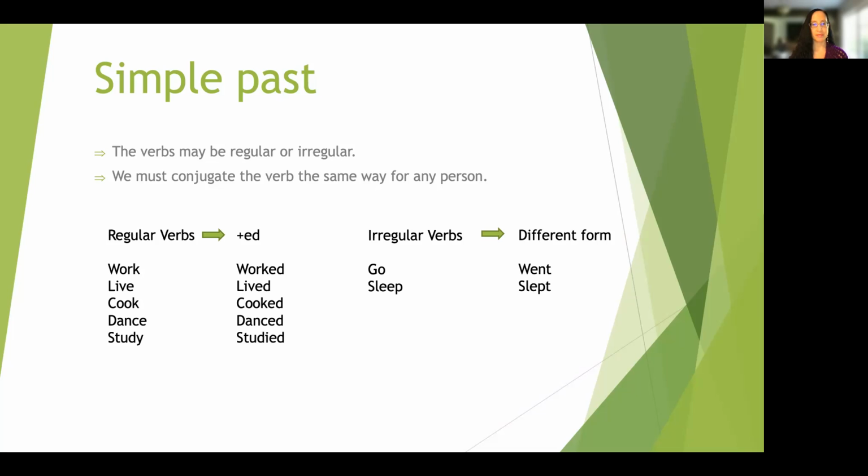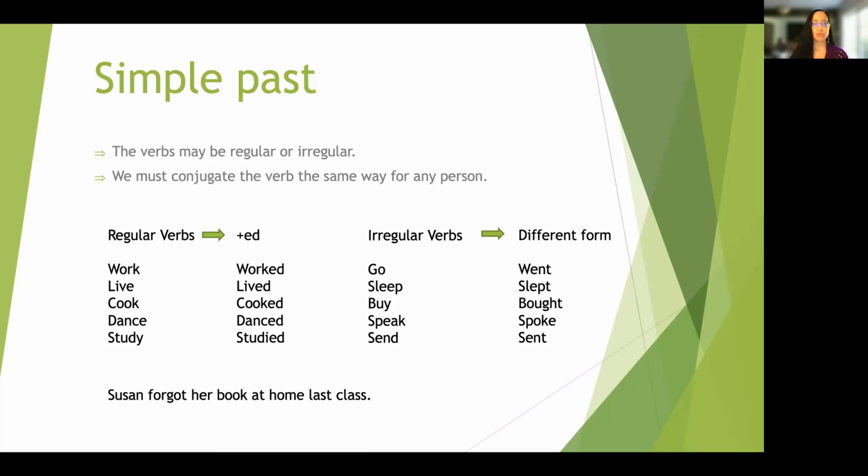Slept. Buy is bought. Speak, spoke. Send, sent. Okay, so these are some of the simple past regular verbs and irregular verbs, okay?